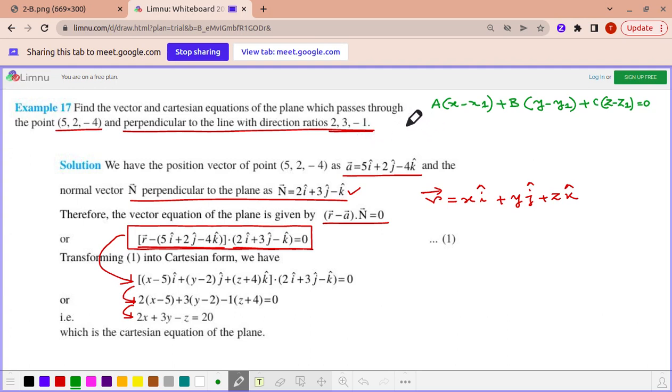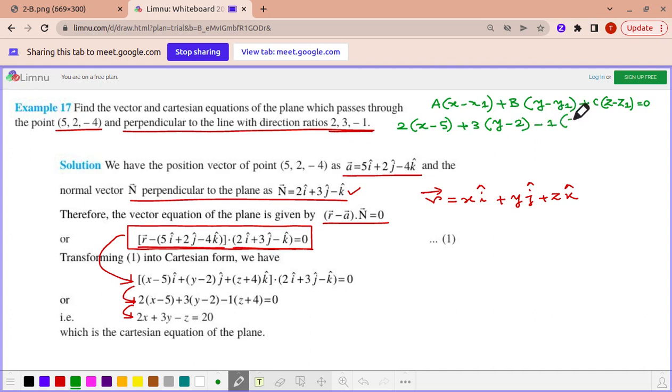So our required equation is becoming 2 into (x minus 5) plus 3 into (y minus 2) and minus 1 into (z minus z1).